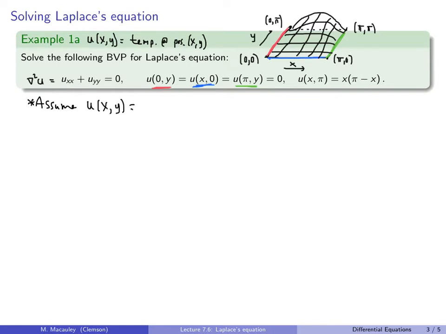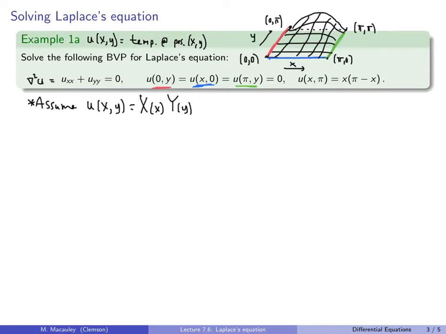Now instead of f and g, I'm going to use capital X and capital Y. So our function separates as a function of x and a function of y. So we are looking for a solution to this PDE that is a product of something of x and something in y, and we want to solve for capital X and capital Y.